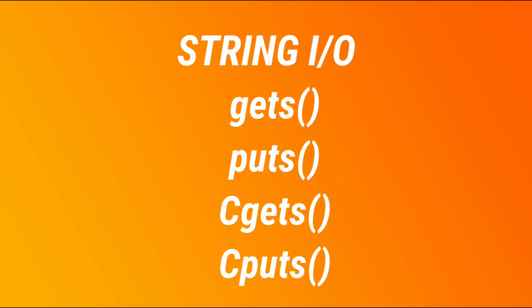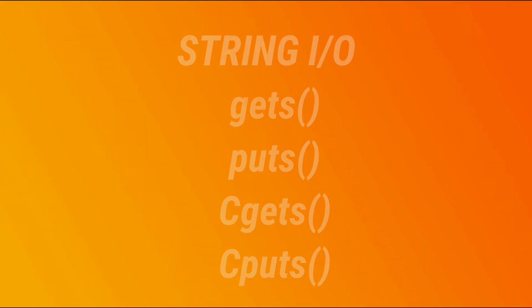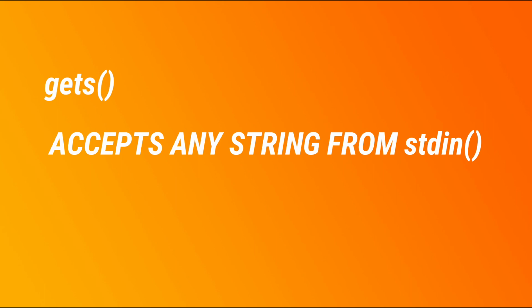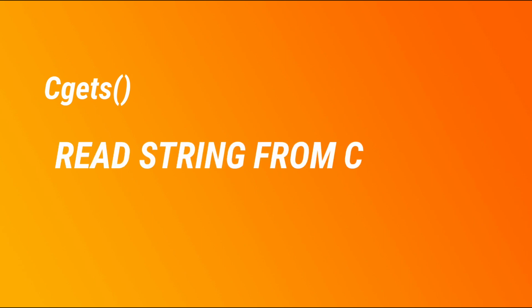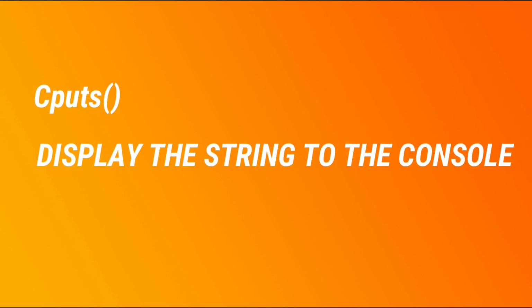It also contains four functions: gets, puts, cgets and cputs. gets accepts any string from the standard input. puts is used to display a string or character array. cgets is used to read a string from the console, and cputs is used to display the string to the console.